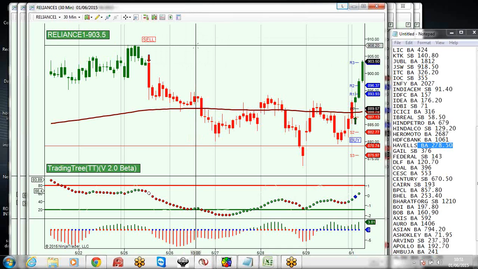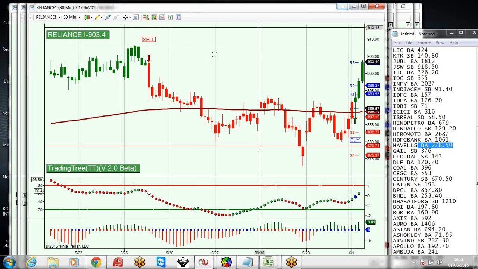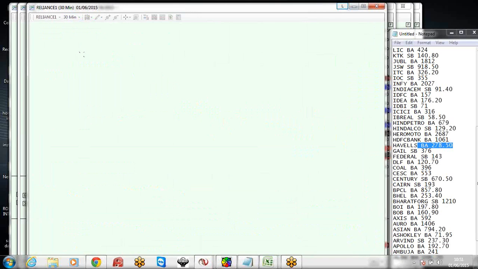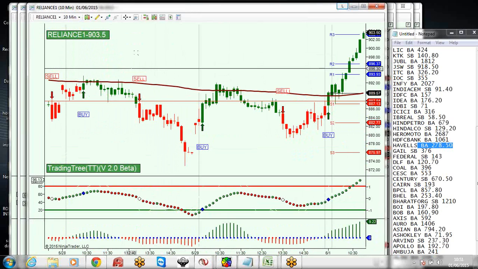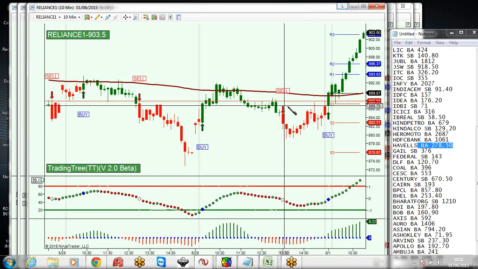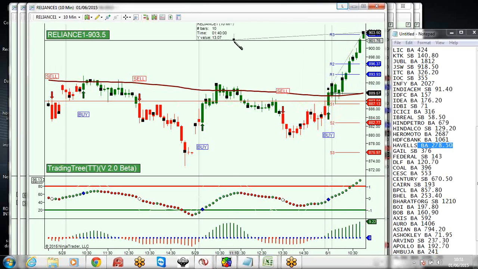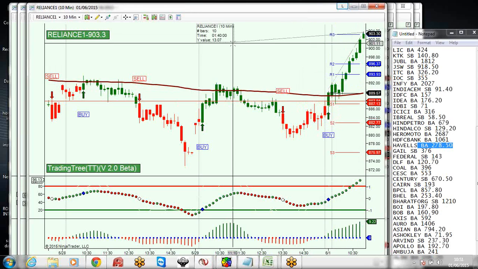And then it will be your 908.20. It's around 3,200 rupees profit on this particular trade.